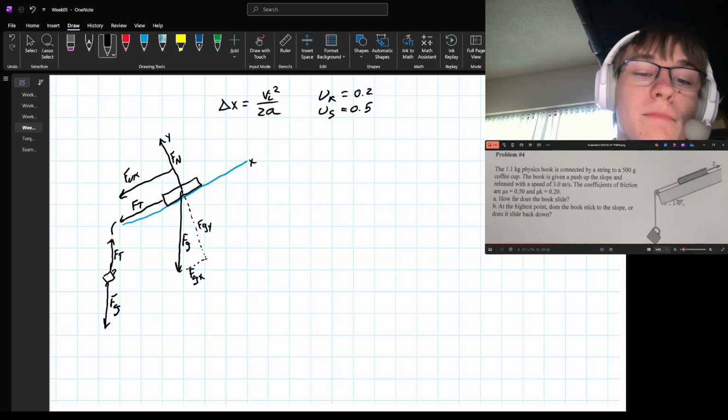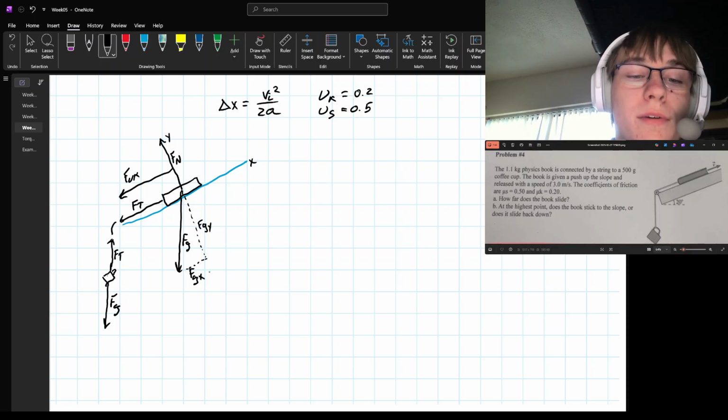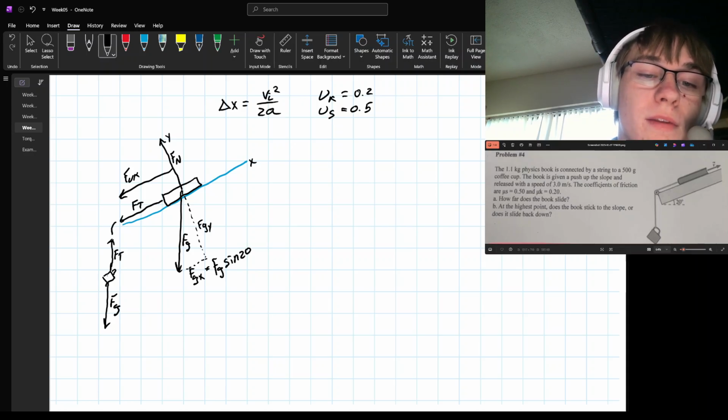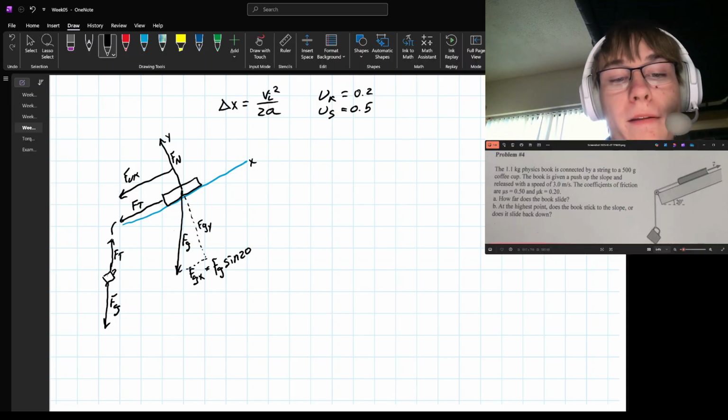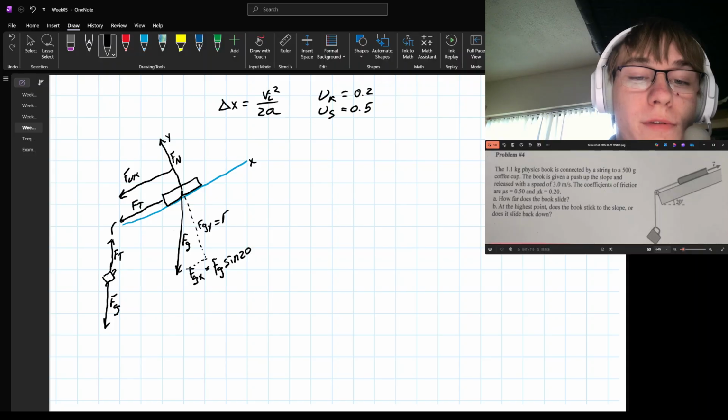So force gravity x is equal to force gravity times the sine of 20. That's coming from this being our hypotenuse, so we multiply by sine to get that component. And then force gravity y is equal to force gravity cosine 20.